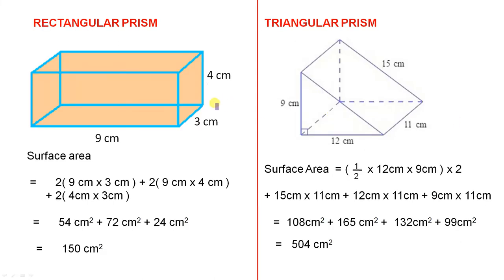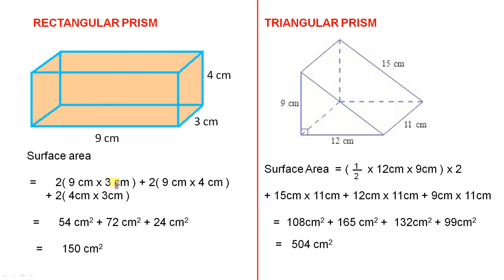For the rectangular prism, these are the measurements. So the surface area will be 2 times 9 centimetres times 3 centimetres, so that's the bottom and the top. Plus 2 times 9 centimetres times 4 centimetres, front and back, so there's 2 of those. And 2 times 4 centimetres by 3 centimetres, that side and that one.